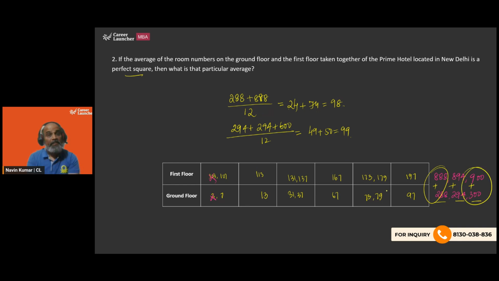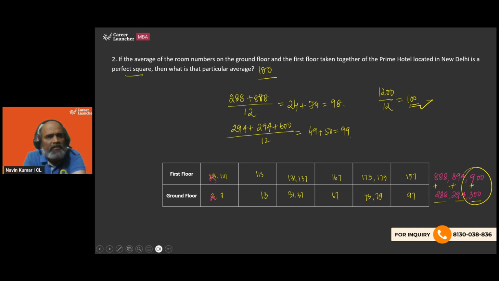So basically 900 plus 300, it's 1200 divided by 12 will be 100, which is a perfect square. Well, we should not worry much about this because it's a theta question. If somewhere we think that we have made a mistake, we will come back to it if we do not get an answer.